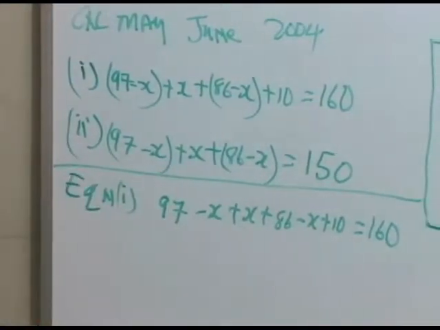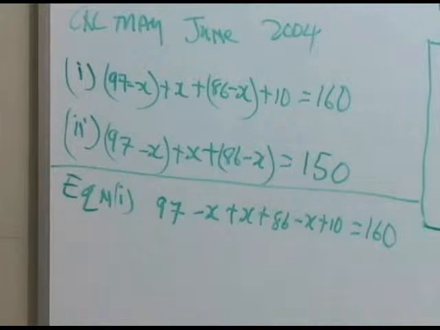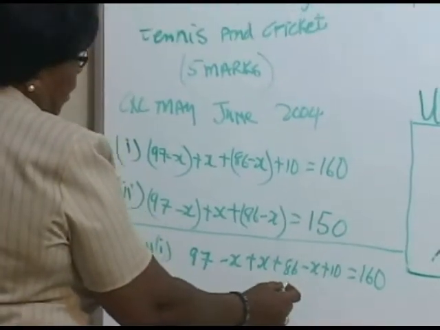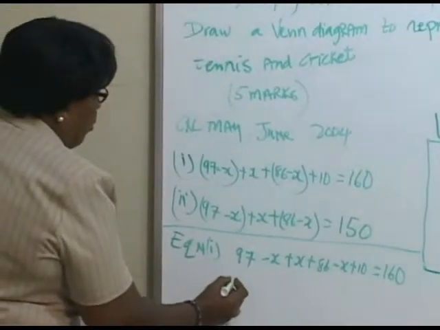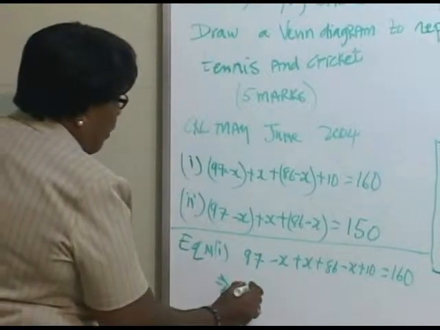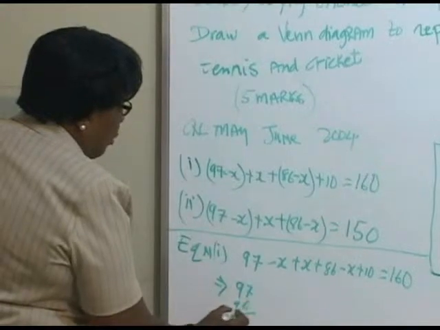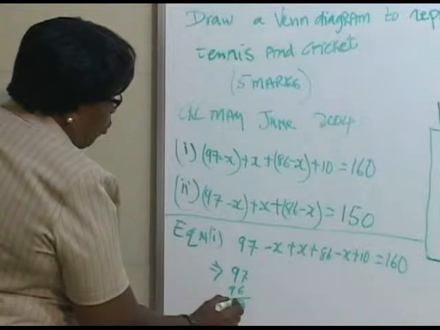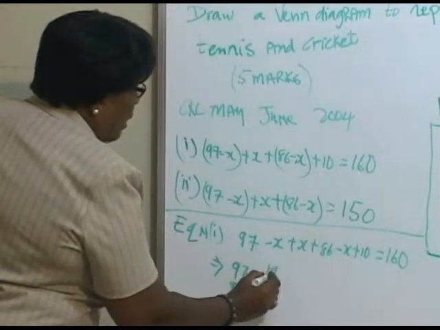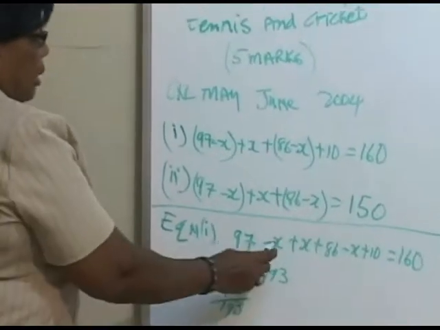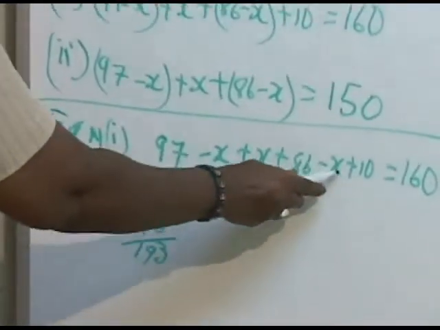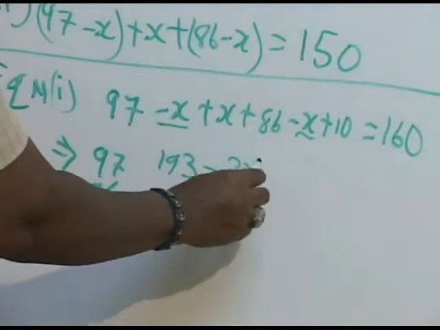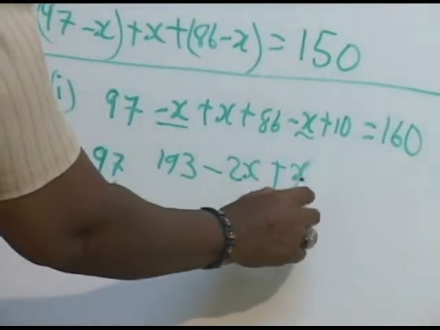Okay? Now, we're going to collect all our numbers. So we have 10 and 86 here would give us 96. And when we have 97 and 96, what are we going to get? That is 13, 9, 18, and 1 would be 19. So we'd get 193. Then we look and see you have negative x, that's negative 2x, and it's plus x.